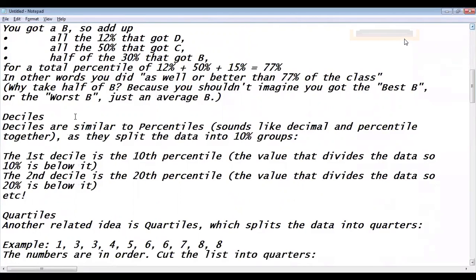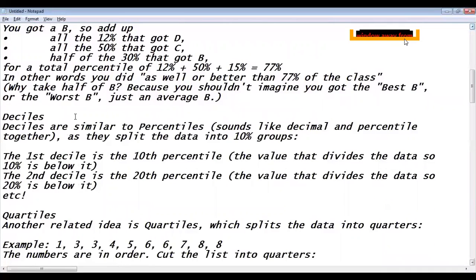So the first decile is the first 10%. The second decile is the 20th percent, and so on. Okay. So deciles split the data into 10% groups.